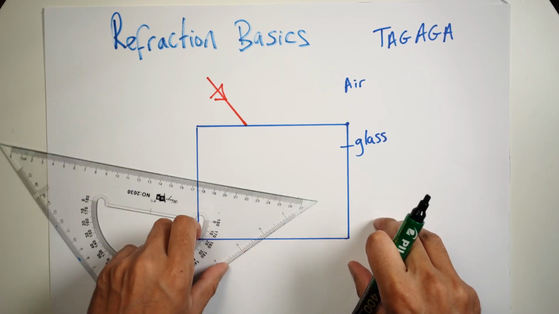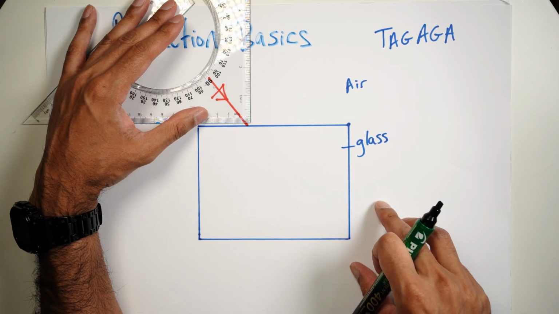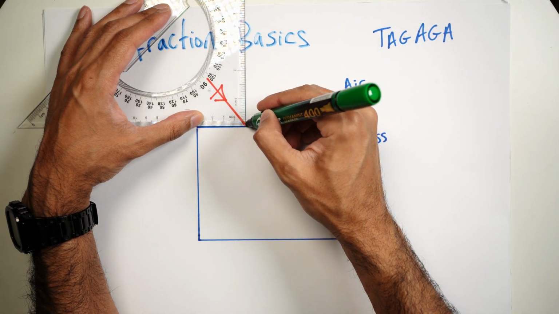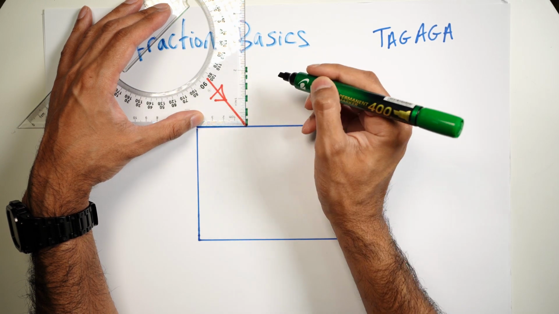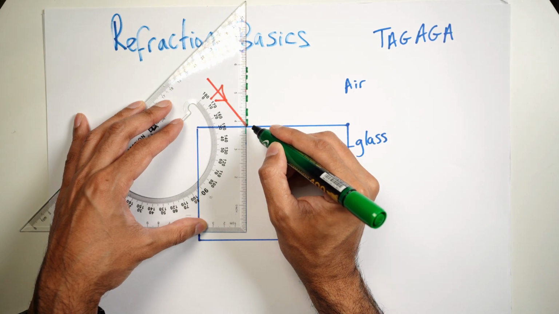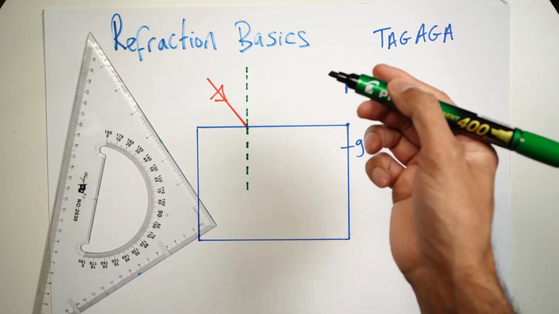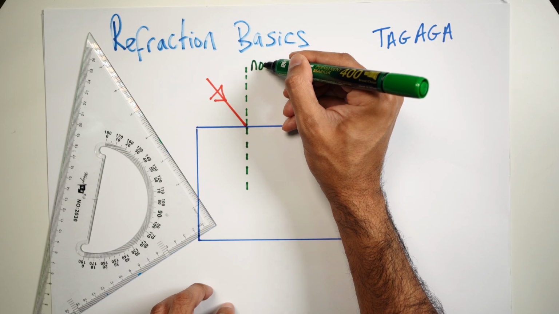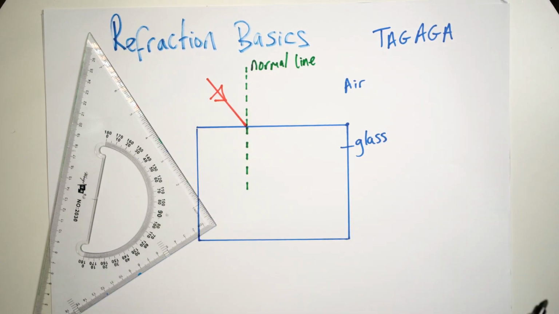It's always at right angles, and this is what we measure the angles off of. I'm using the set square so I can draw this right angle fairly easily, and I'm doing it as a dotted line. And not only that, I'm going to extend it all the way down here as well. I'm kind of rushing, so it's probably not perfect, but you get the idea. I'm going to label this as the normal line.